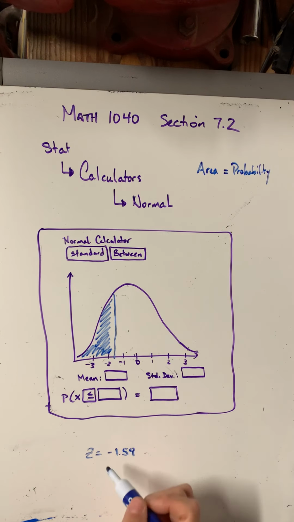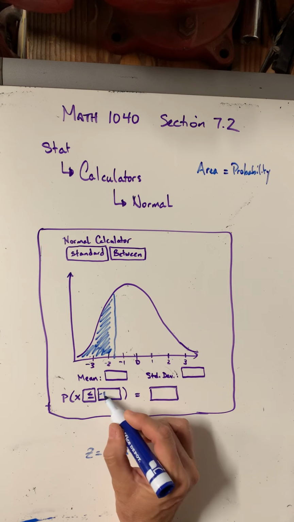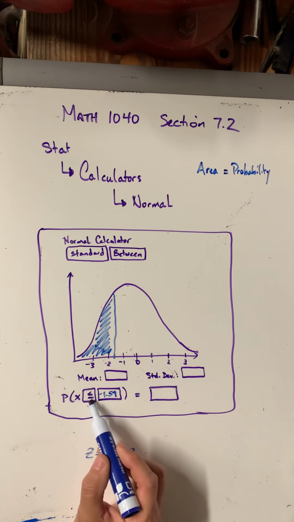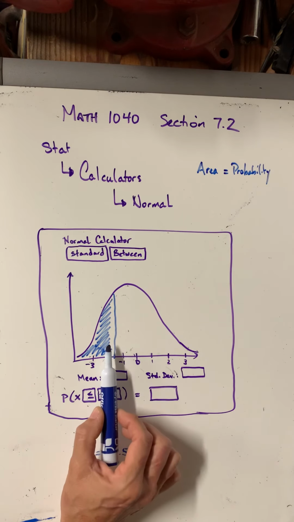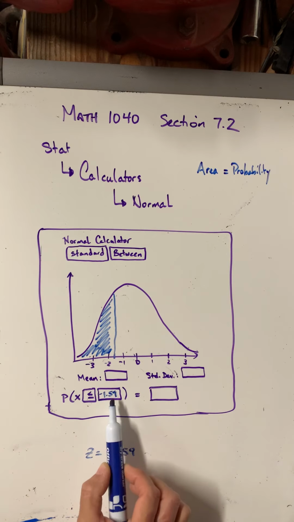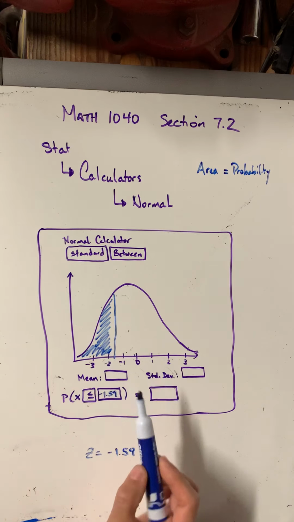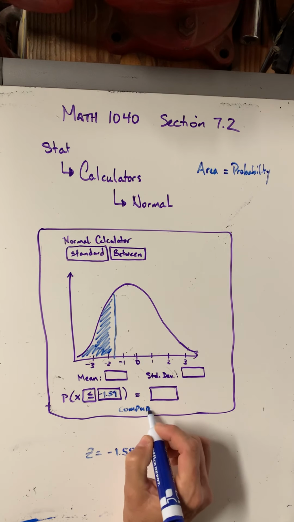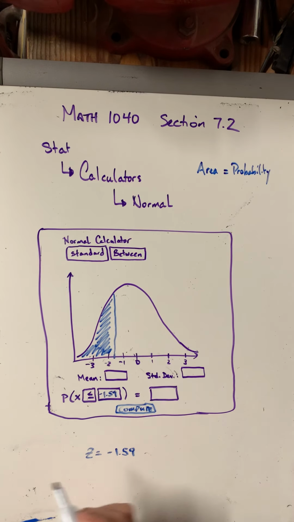So how do I tell it that I want negative 1.59? I put it right here. This less than or equal to will make the shading on the left side. So if they want the area to the left of negative 1.59, I put that in, make this less than so that my red is on the left, and hit compute, and my answer will be there, and that will give me the area.